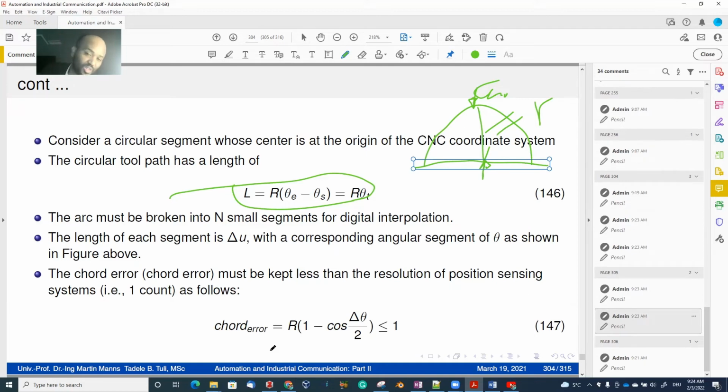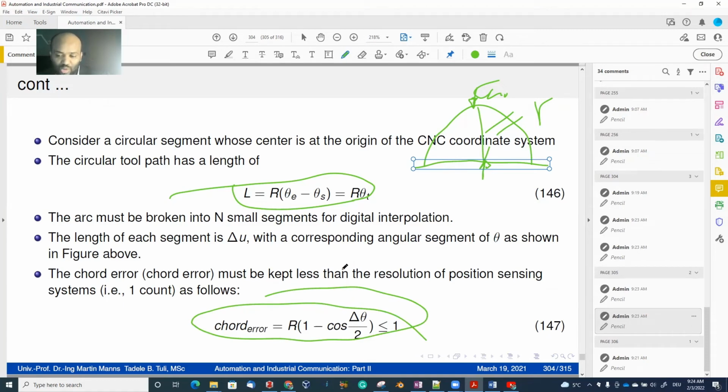So if the chord length or chord error is higher, it is almost the radius. If it is smaller, then it is very small. This principle works only for a chord error that is as minimal as possible, which we call even less than one. Otherwise, it doesn't bring a solution.